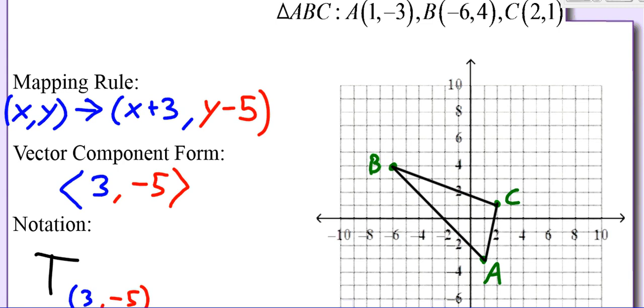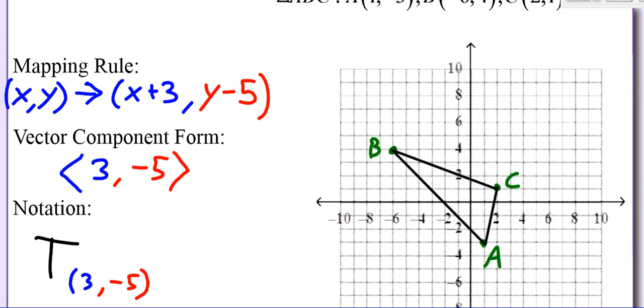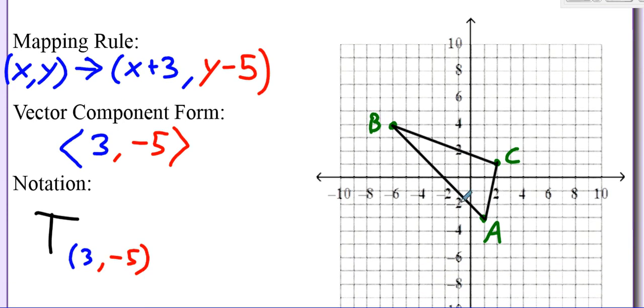And now we're going to do the translation. We're going to move all 3 of those points. Each point, we're going to move it +3, -5. So right 3, down 5. These are the pre-image. Now we're going to take them and go right 3, 1, 2, 3, and then down 5, just counting it out. 3, and down 1, 2, 3, 4, 5.